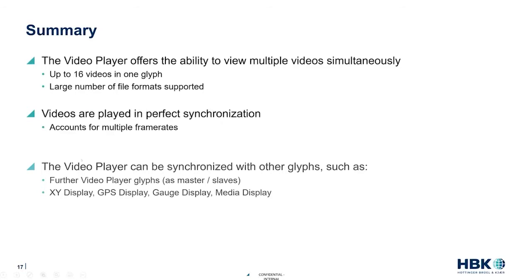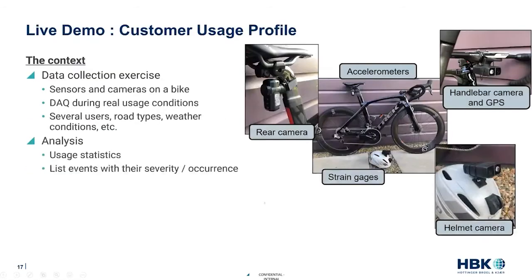So what I did is I equipped it with a number of sensors, so accelerometers, strain gauges, but also cameras, right? We got 3 cameras here, a rear camera, a camera on the handlebar, and a camera on the helmet. So I've got 3 videos and quite a few sensors.